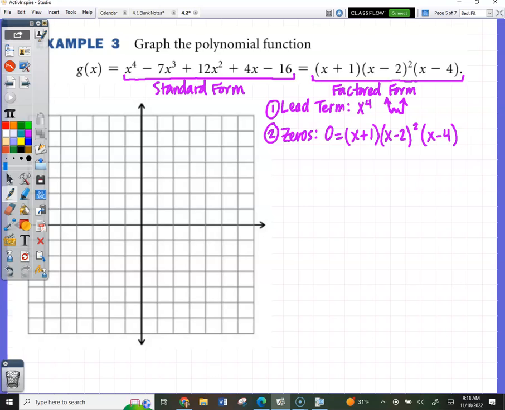Okay, what zero comes out of the first factor? Negative one, right? You would set that equal to 0, and you get negative 1. What multiplicity? 1. What zero comes out of the second one? 2. With what multiplicity?